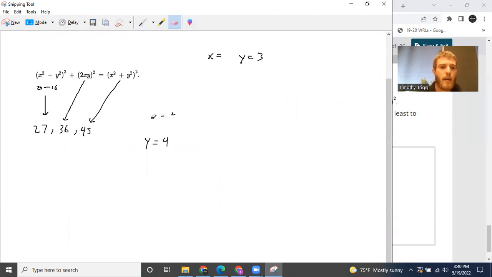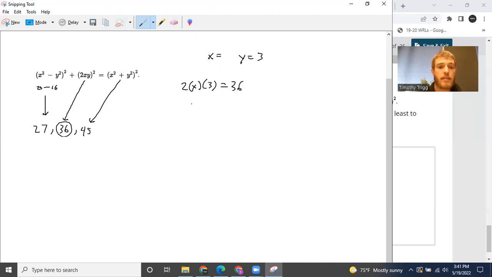Well, once again, I would use this middle length to help us out. We know this is going to be 2 times x times y, and our y is 3 in this case. And I want to know what is the x value that gives us 36.